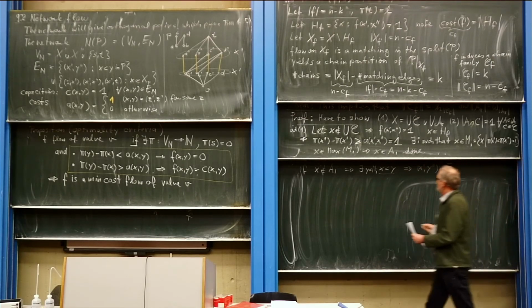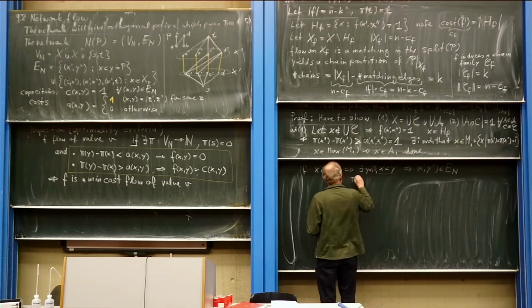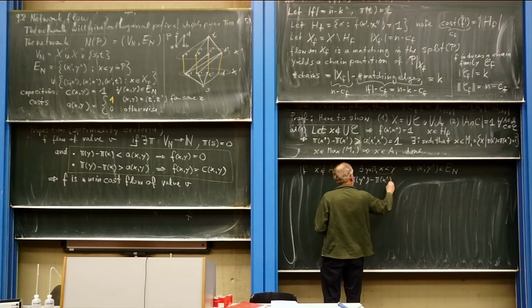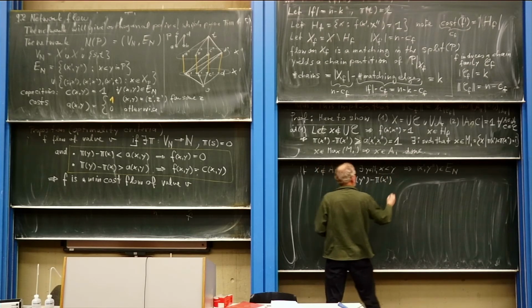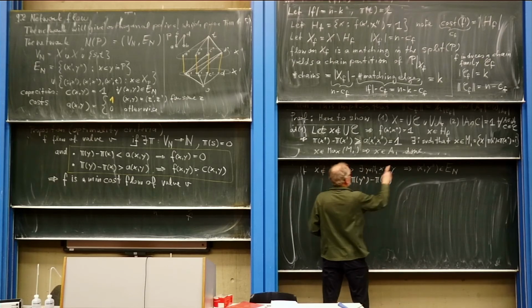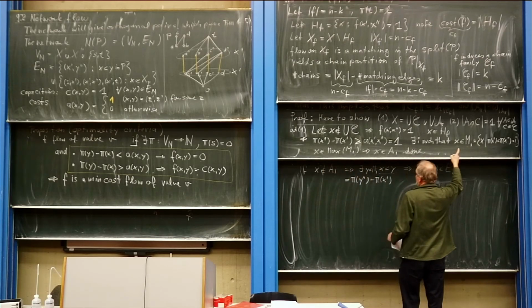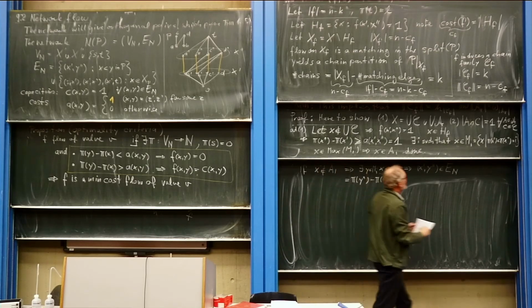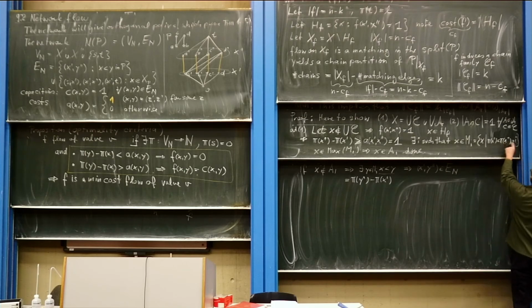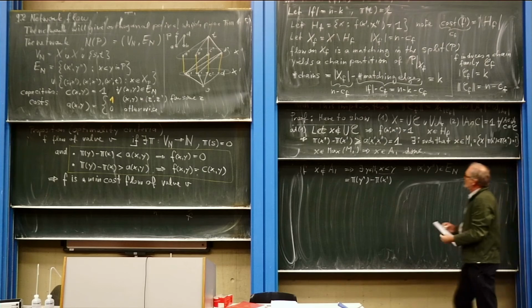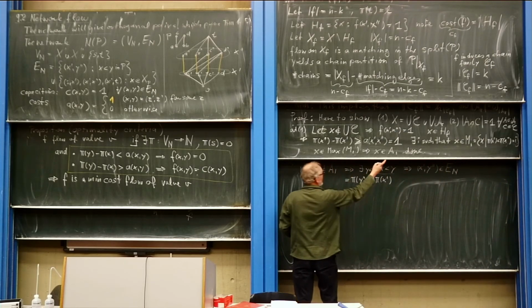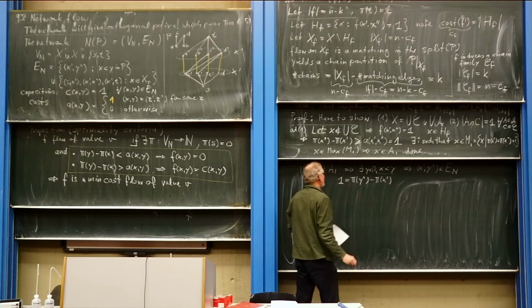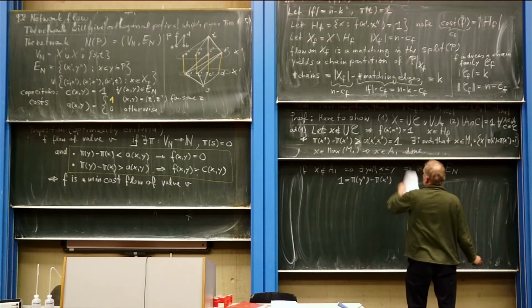And we have phi of y double prime minus phi of x prime, which is the same because phi of x double prime is equal to i and phi of y double prime is equal to i, and this is equal to the very same value that we have here.